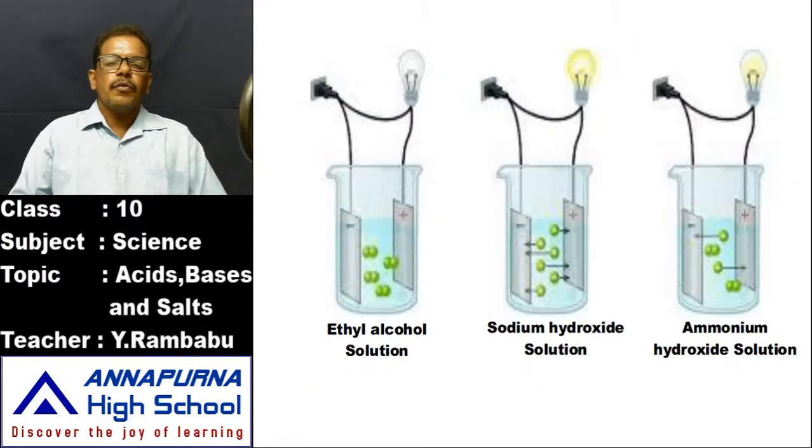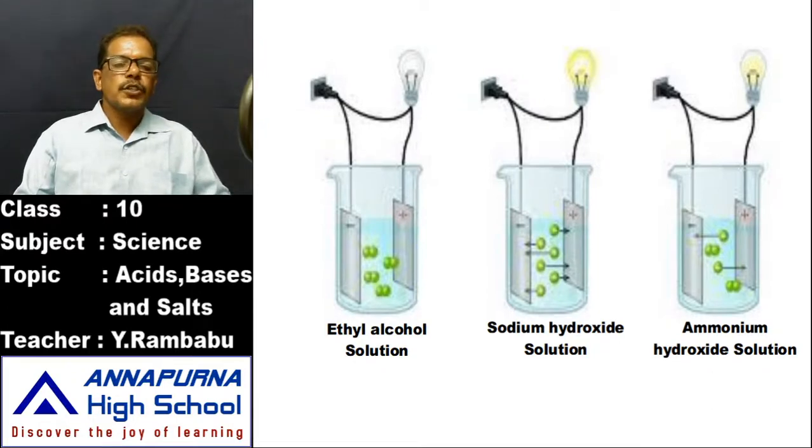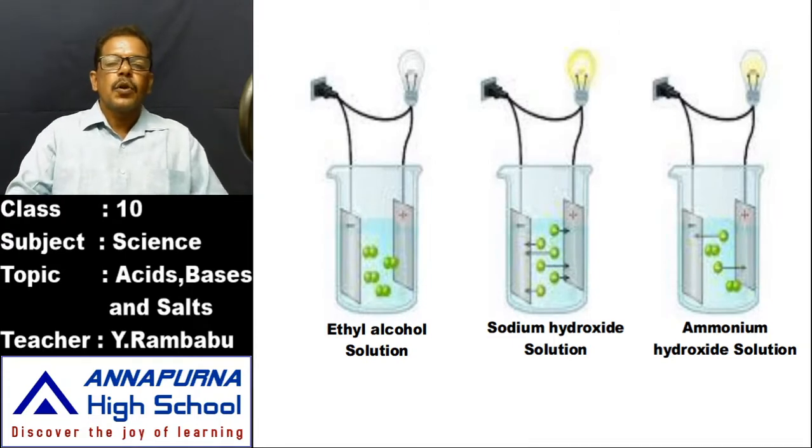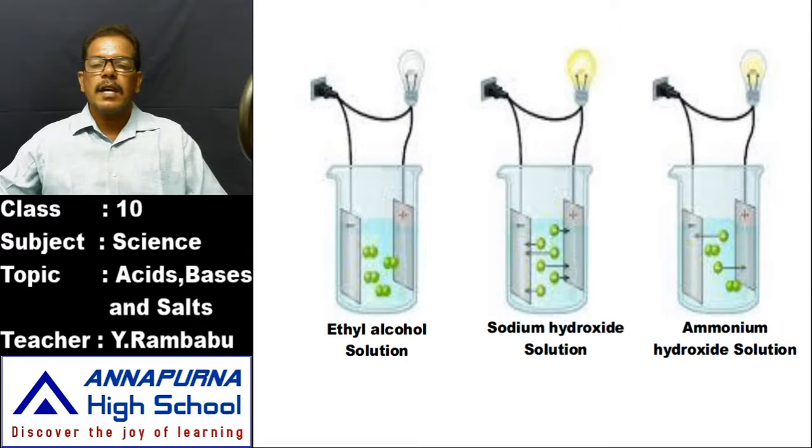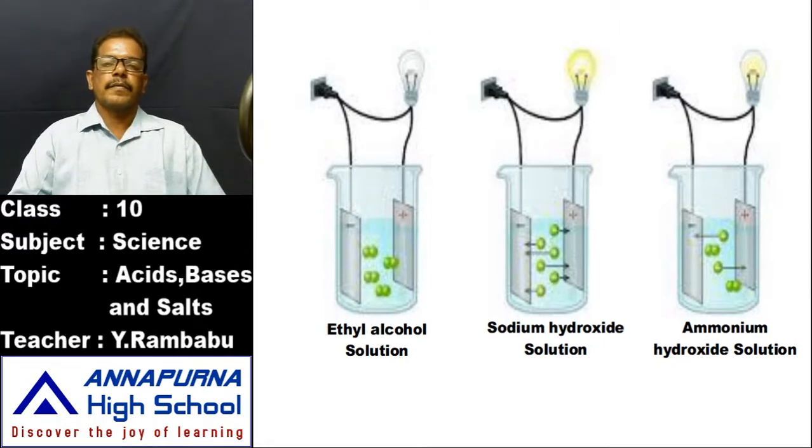In this diagram, we made an electrolytic cell, or voltameter. In the first case, which solution is taken? Ethyl alcohol solution. In the second case, sodium hydroxide solution. In the third case, ammonium hydroxide solution. Does the bulb glow in all three cases?